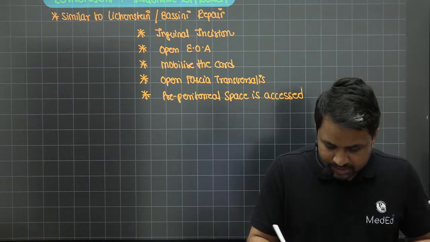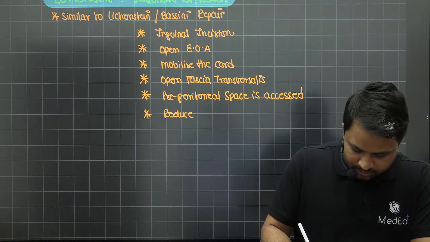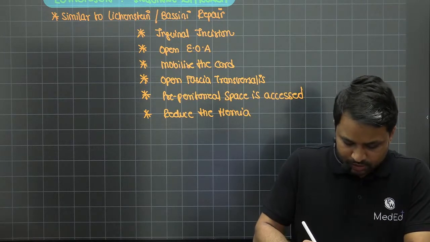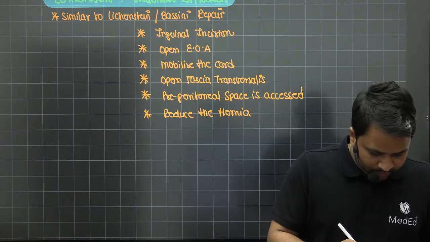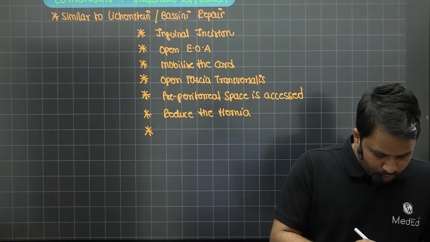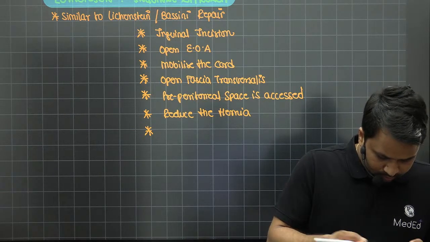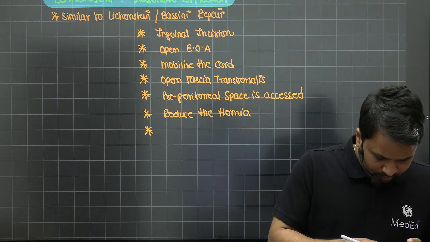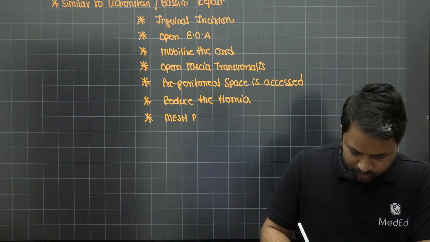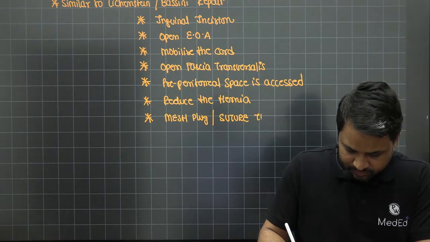Once you access the pre-peritoneal space, I'm going to reduce the hernia. Now once you have reduced the hernia, either you can put a mesh plug or you can suture the defect.